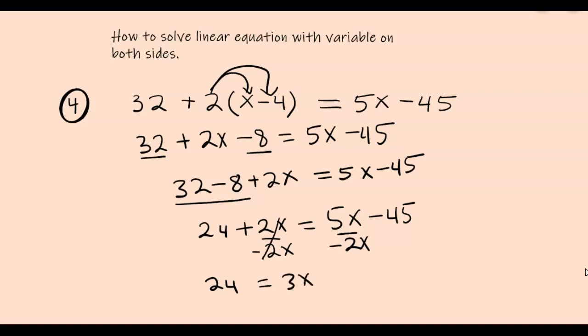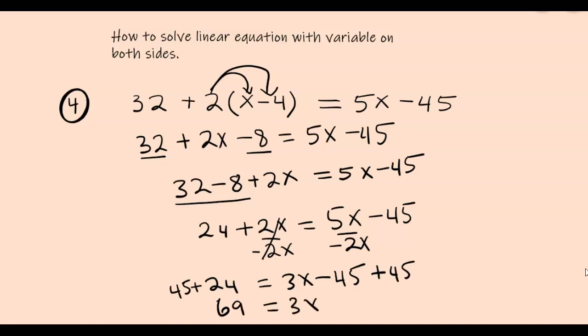3x minus 45. We are bringing the 45 over on this side, so we will add 45 and we'll add 45 here. 69.